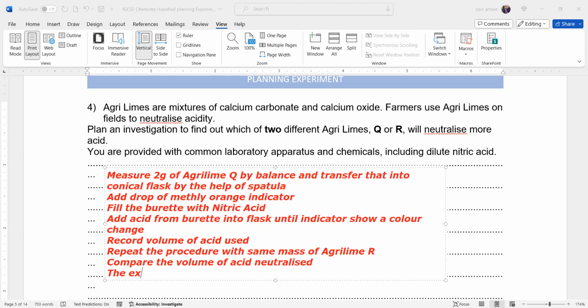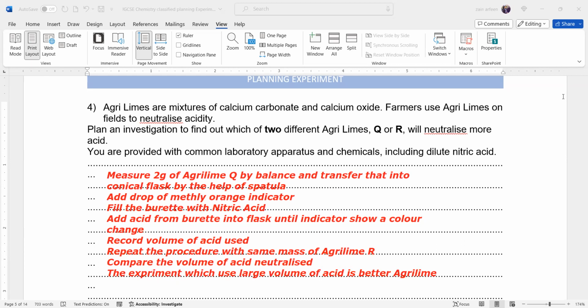The experiment which uses a large volume of acid has the better Agri Lime. So the one which required a large volume of acid for neutralization is the better Agri Lime. Is this one clear?